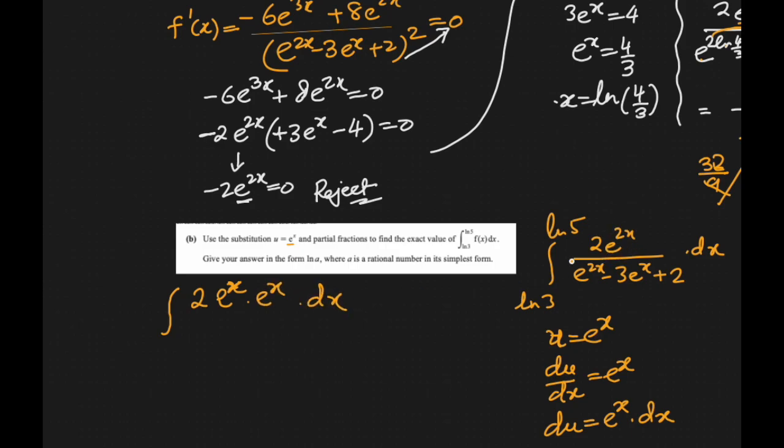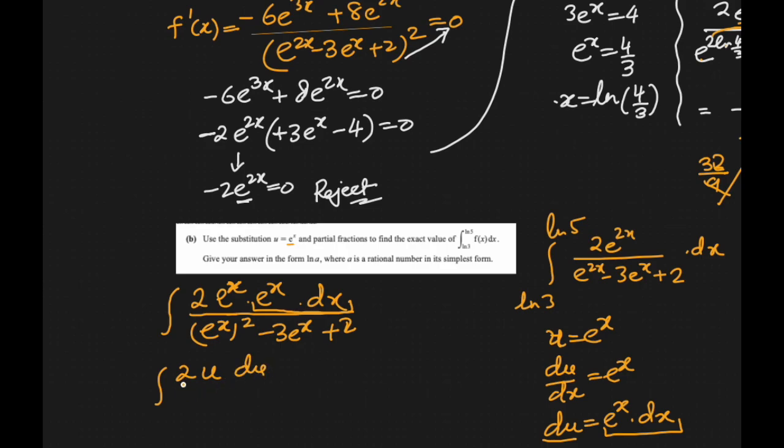I broke this e to the power 2x into two parts so that one of them becomes du, e to the power x dx. Divided by no change in this case, so it can become e to the power x squared minus 3 e to the power x plus 2. All right. So the numerator becomes 2, this e to the power x will be u, this e to the power x dx will become du, divided by u squared minus 3u plus 2.